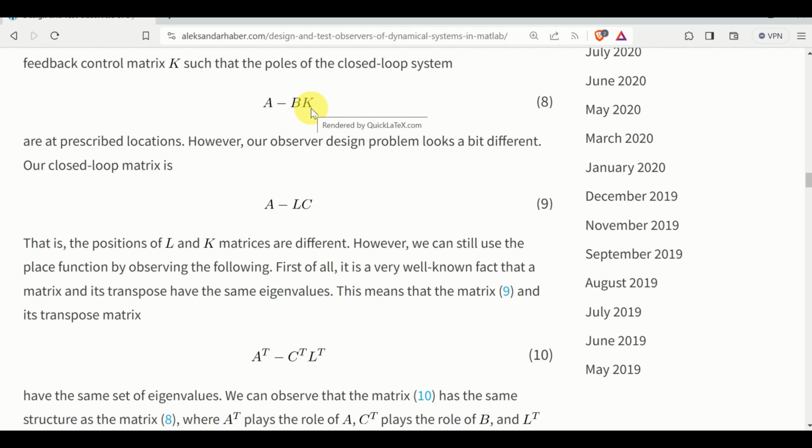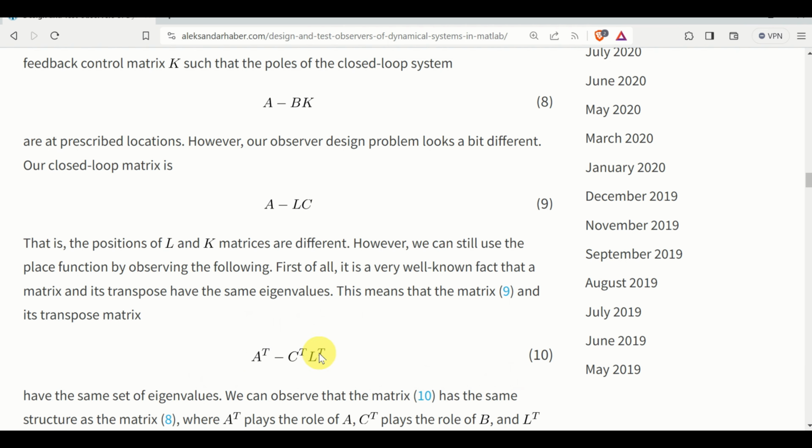Very good. Then the position of C transpose is the position of B. So C transpose plays the role of B, and A transpose plays the role of A. So this matrix has the same structure as this matrix. And we can use the pole placement method and MATLAB's function place to assign the poles of this matrix.